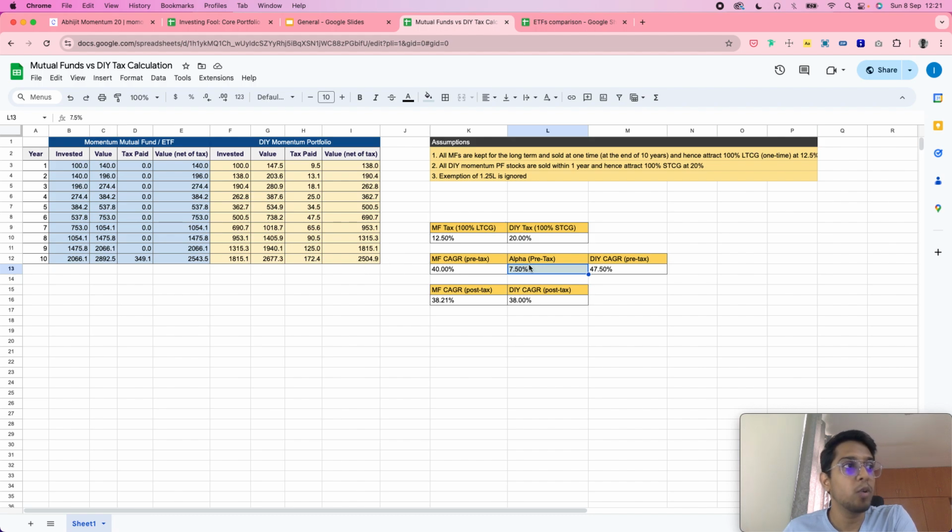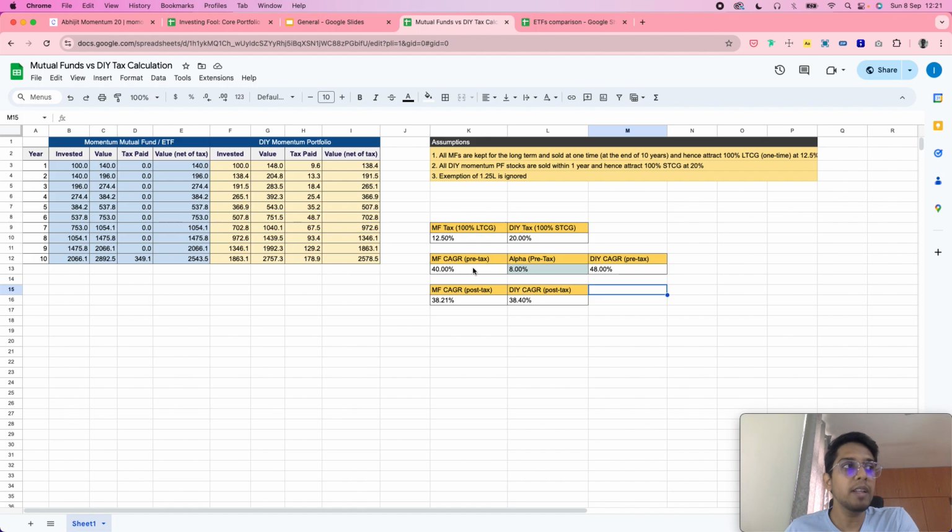You are still coming out lower. So you would have to outperform by almost 8%. So the alpha has to be around 8% for your net value at the end of 10 years post-tax to be close to the mutual fund returns.